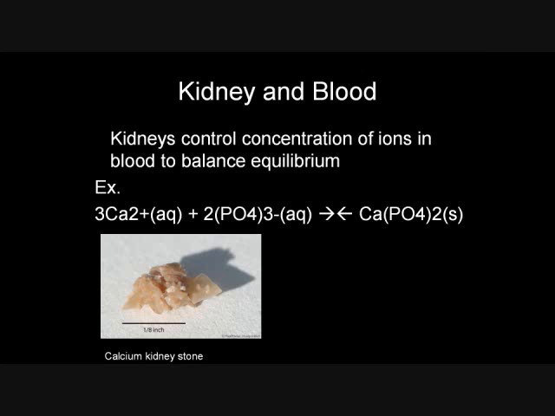An example would be calcium plus phosphate creating calcium phosphate. Now, this equilibrium causes the formation of kidney stones or the disease osteoporosis. If the kidneys remove too much calcium in the blood, while the calcium is in the kidneys, the reaction shifts to the right, forming calcium phosphate, which forms a precipitate called kidney stones.